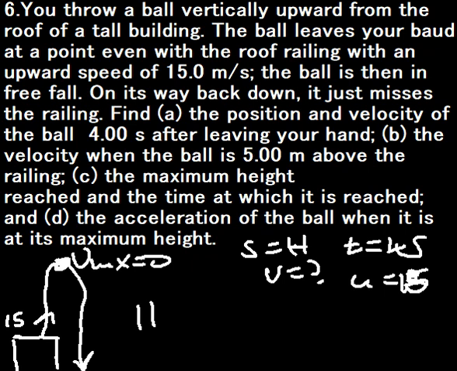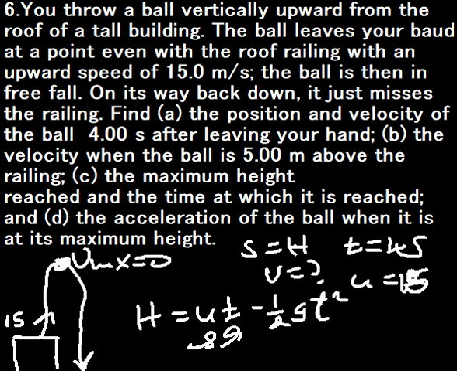Height is given as h is equal to ut minus half gt squared. So that's the formula. We have the initial velocity, we have the time, and the acceleration due to gravity is also given. We'll be able to find the height or the position using that formula.